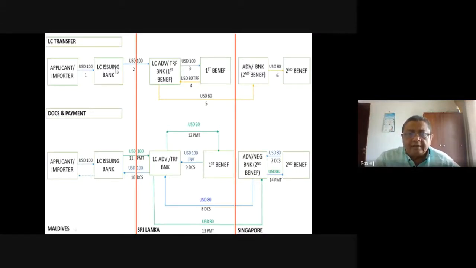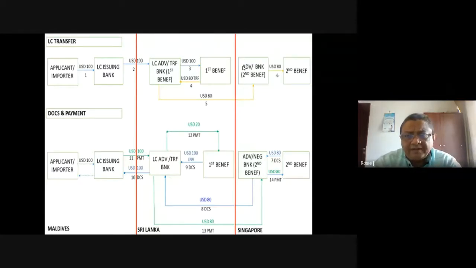When they transfer, they say we are transferring an LC of the Bank of Ceylon Male for $80. Please note, this is an LC transferred to you, originally issued by Bank of Ceylon, and we are only the transferring bank. So People's Bank is only the transferring bank.